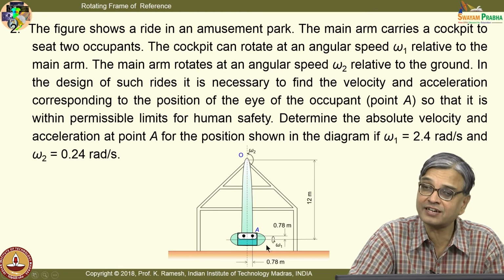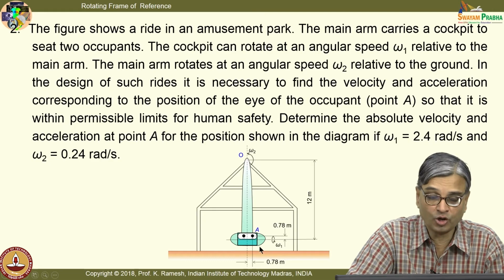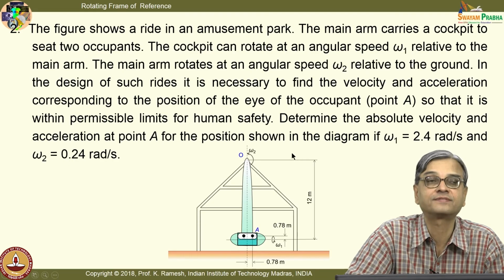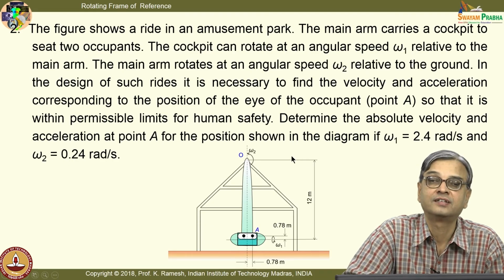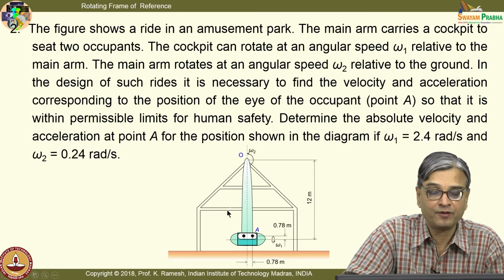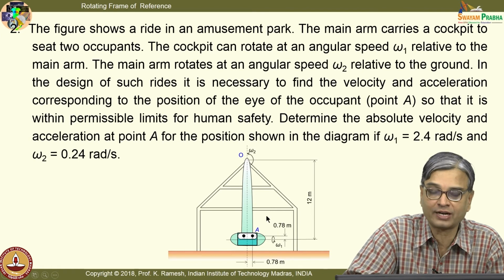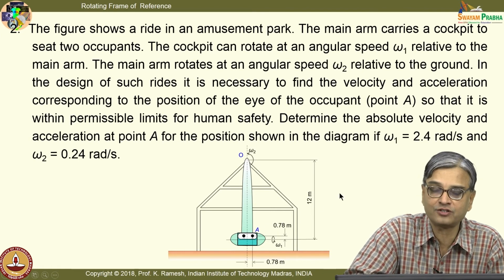From the way I have constructed it, the whole arm with the cockpit rotates. Okay. So, this also gives an idea to which you will attach the rotating frame of reference, how you attach the fixed frame of reference, and so on.